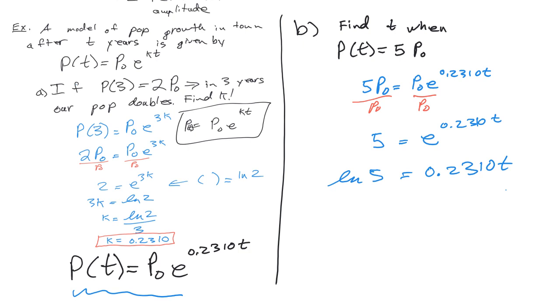So now when you solve, you divide both sides by 0.2310, and then you get your decimal.